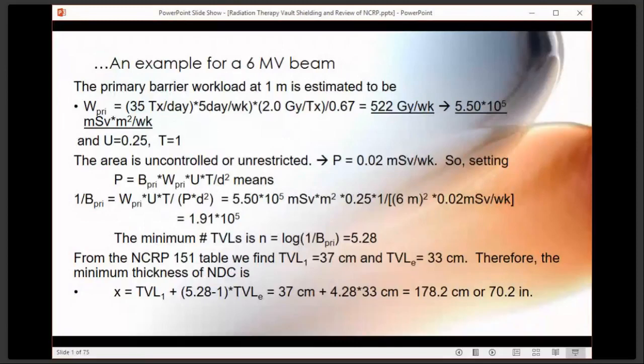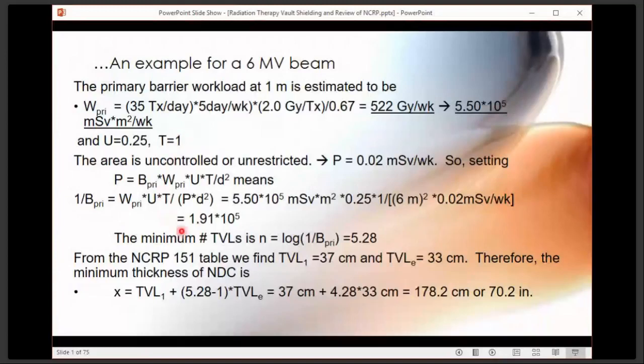The area is uncontrolled or unrestricted, and therefore our design goal is 0.02, 1 divided by 50 millisieverts per week. So setting our design goal equal to the primary barrier transmission factor, WUT over D squared, we put in the values and calculate.